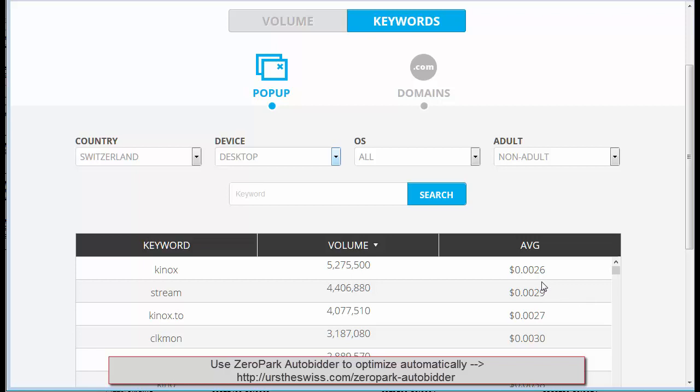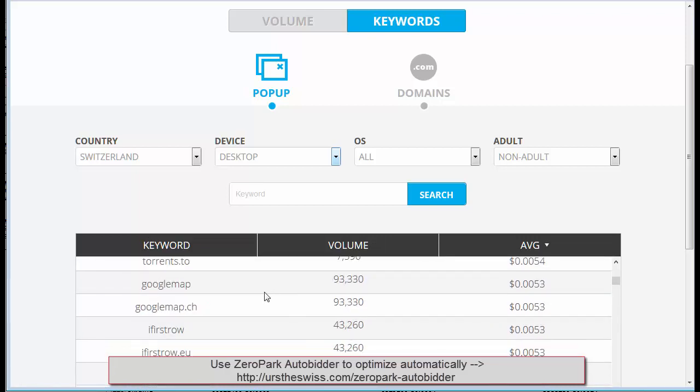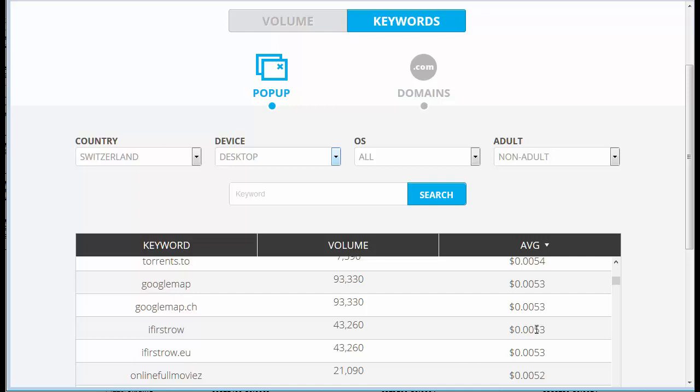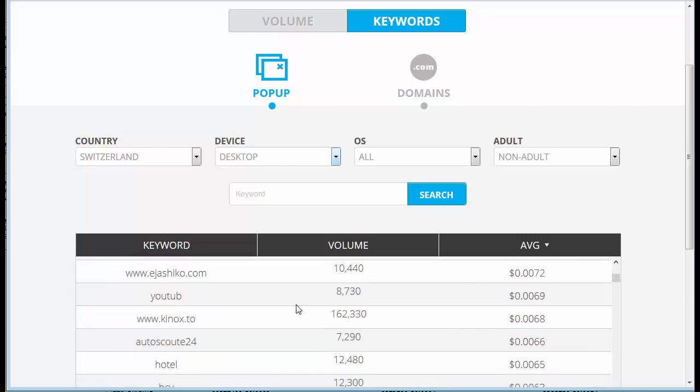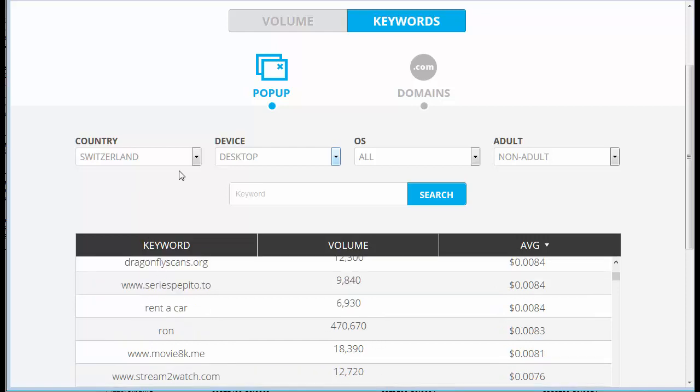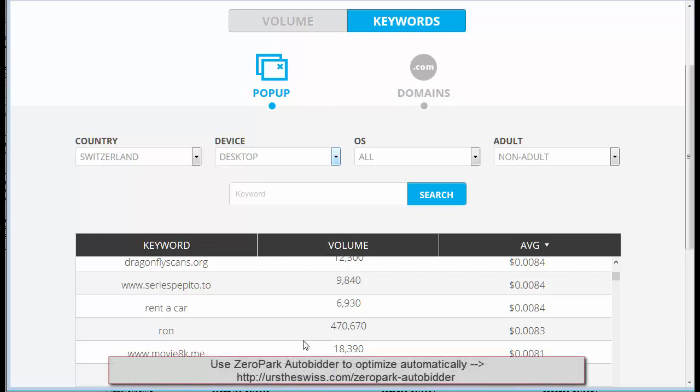Average price at 0.0026 probably means that there's not too much conversion and monetization going on. If on the other hand I want to look at how much people are paying for other keywords, for instance, torrents, Google Map, people are paying much more money. You can look at the geo that you're interested in and figure out what keywords would be a good target to perhaps find out about monetizing that keyword, and what kind of offers you can link that traffic to where volume is reasonable, and make good money.